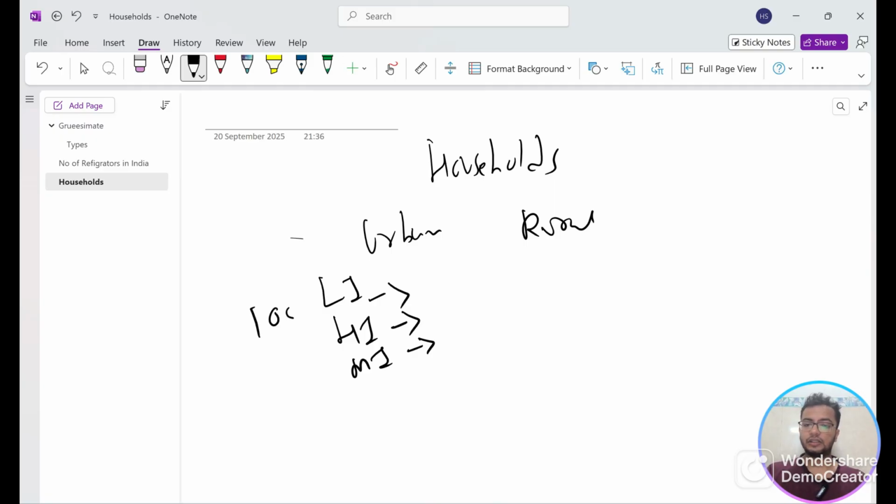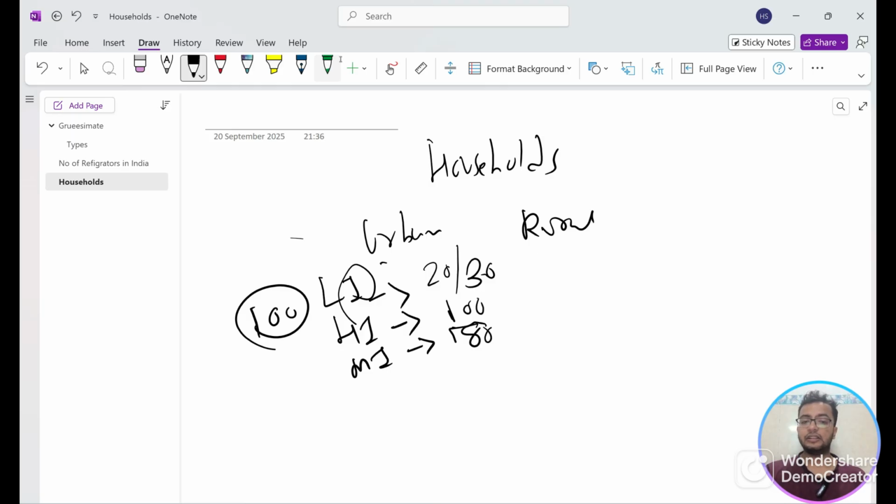Suppose there are 100 households in urban, which come into the lower income households, then you need to guesstimate and try to come up with a number that gives you the proportionate number of households that have refrigerators. Suppose 100 households in lower income, there's a possibility that 20 or 30 households only have a refrigerator at home, but when you come to middle income, this number can increase, it can be 80, and here 100 or even 1.5.